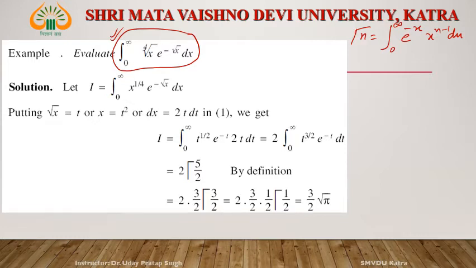If the integrand is converted into this form and the limit is 0 to infinity, if these two conditions are true, then you go for the gamma function. Gamma function is not applicable everywhere.